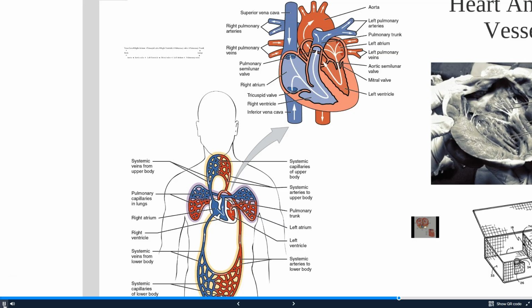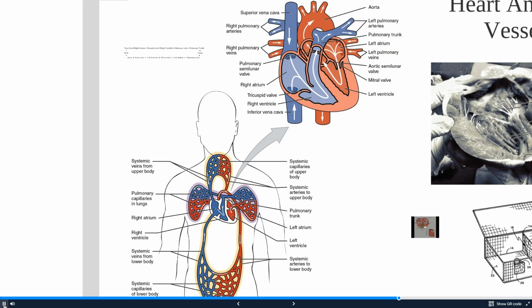Blue is seen only on the right side, and red is seen only on the left side. And if we consider the circulation in the entire body, we can see how that works out to bring oxygenated blood out to the body and then return the deoxygenated blood back through the heart to the lungs to get reoxygenated, and blood brought back through the heart to the body to reoxygenate tissues.